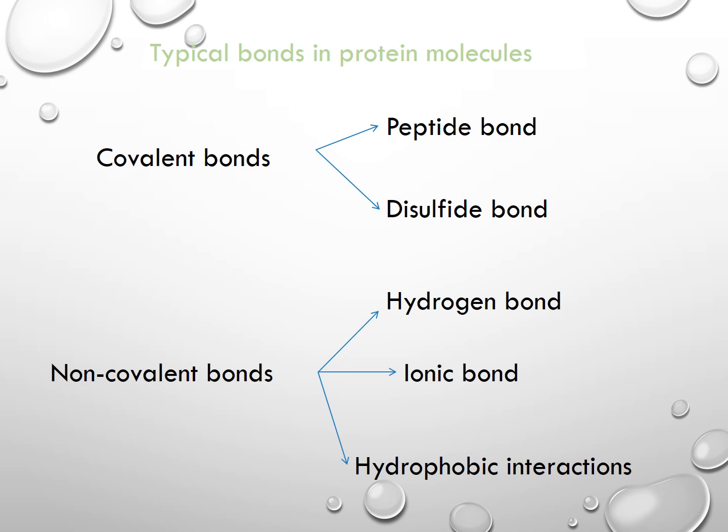That process disturbs or removes all bonds from the protein molecule except the peptide bond. It means that during and after denaturation, all the bonds are disturbed while only the peptide bond remains intact.